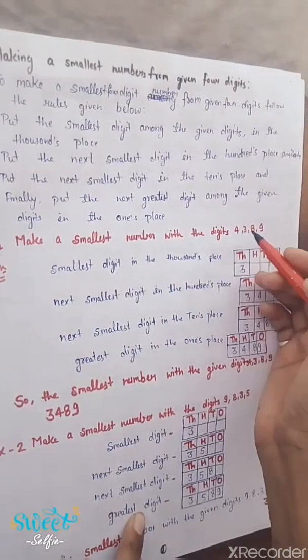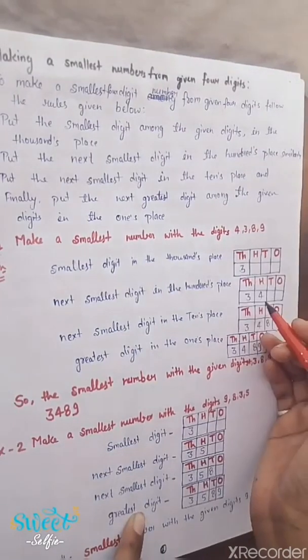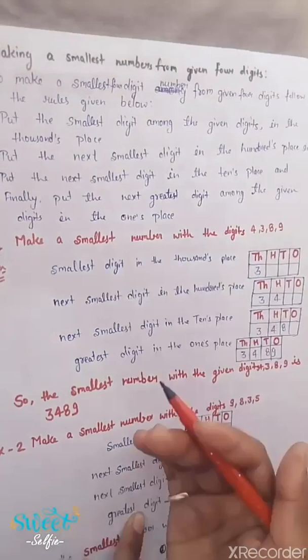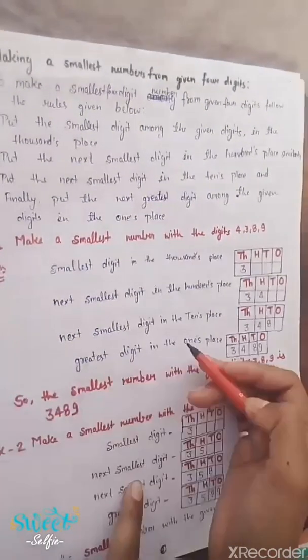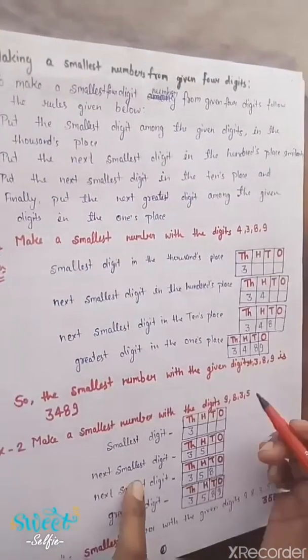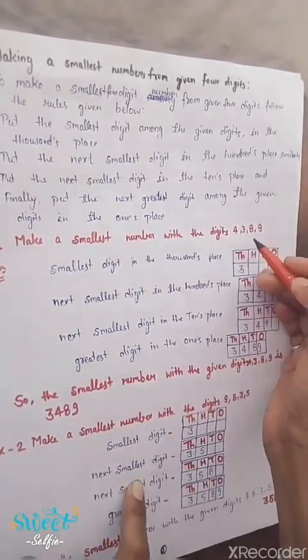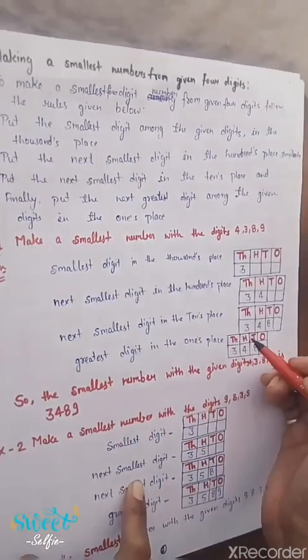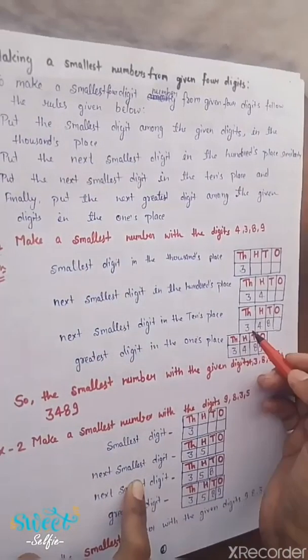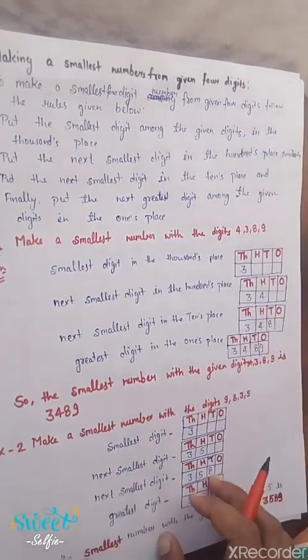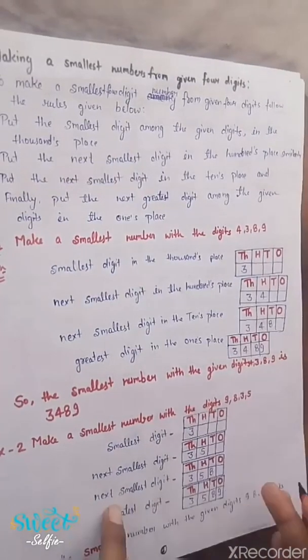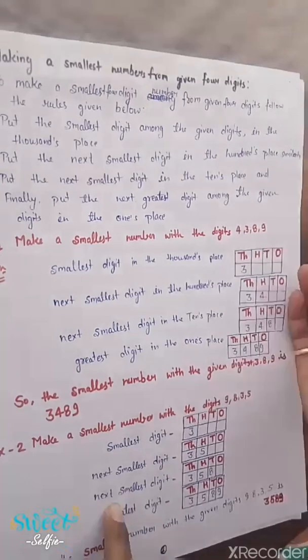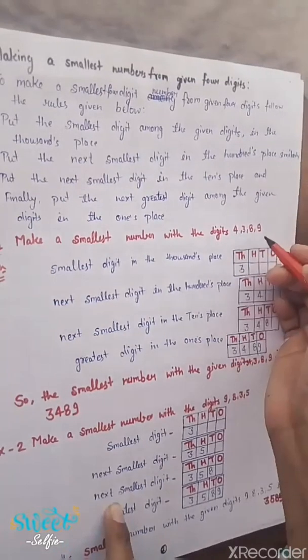So we have to write 4 at the hundred place. After that, the next smallest digit in the tens place. So which is the next smallest digit after 4? This is 8. So we have to write 8 at the tens place. And the last one is the greatest digit in the ones place. Which is the greatest digit among these digits? Yes, 9 is the greatest digit.